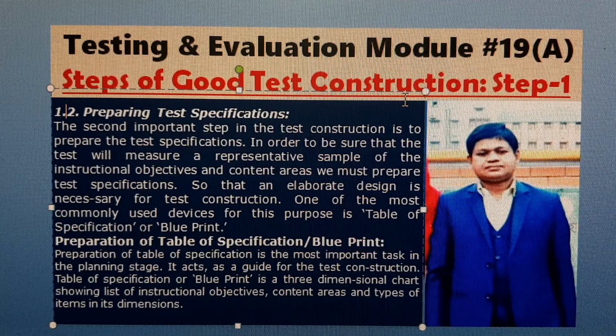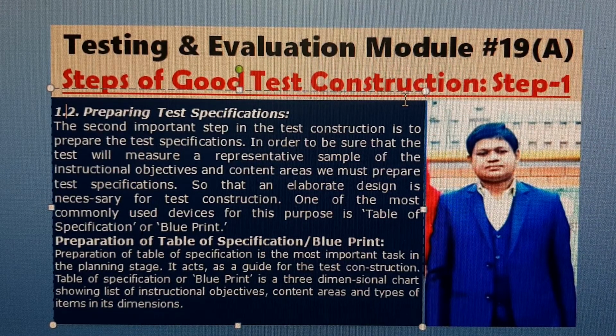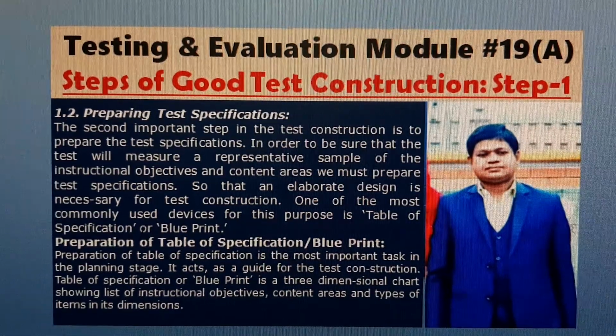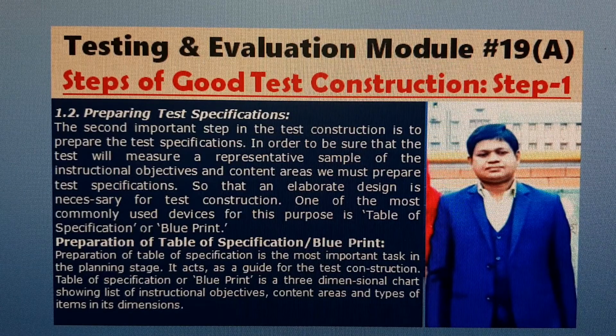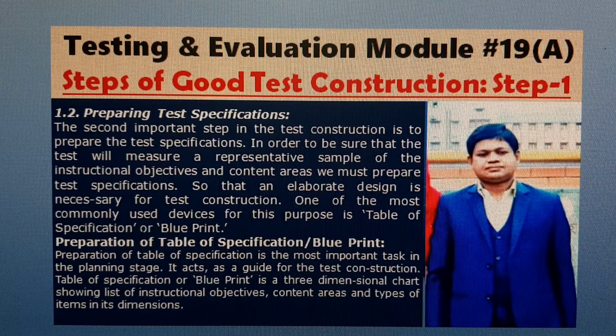One of the most commonly used devices for this purpose is table of specification or blueprint. Preparation of table of specification or blueprint. Preparation of table of specification is the most important task in the planning stage.